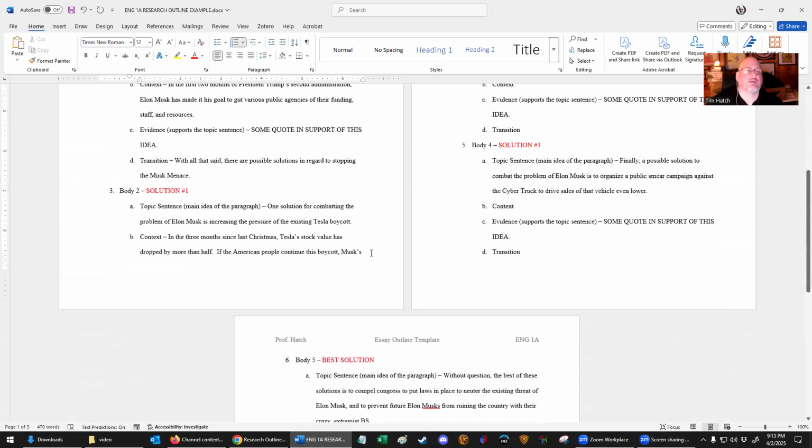And then include after each piece of evidence 3 sentences minimum of analysis explaining, as we've talked about in class, the 5 W's: who, what, where, why, when, of the significance of the quote that you choose to use. If you do all that, there's your rough draft. All you got to do is turn it from outline form into paragraph form, and you're good to go for that assignment.